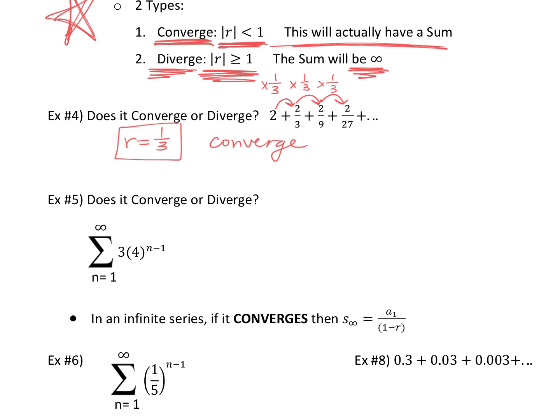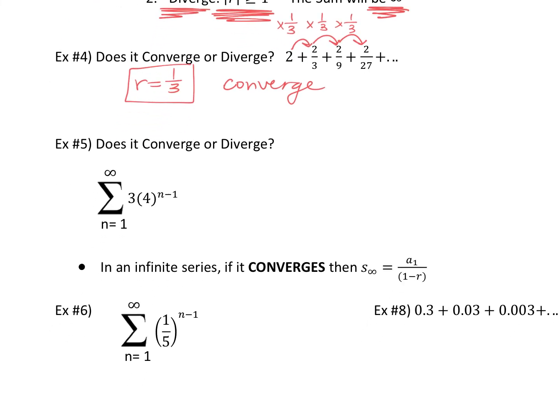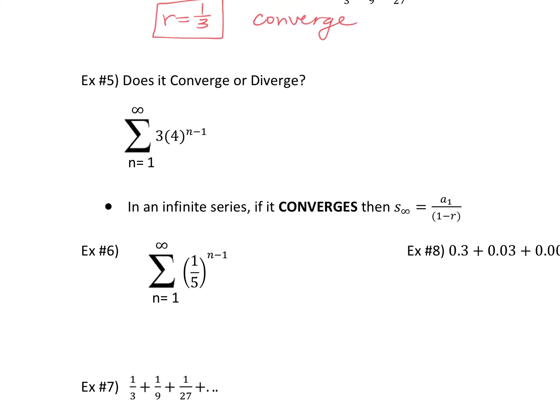All right, look at example 5. This is in summation notation. Where's your R? This was a few days ago where you saw the formula in this setup. What one of those numbers represents your R? It's the 4, right? A sub 1 times R to the n minus 1 power.